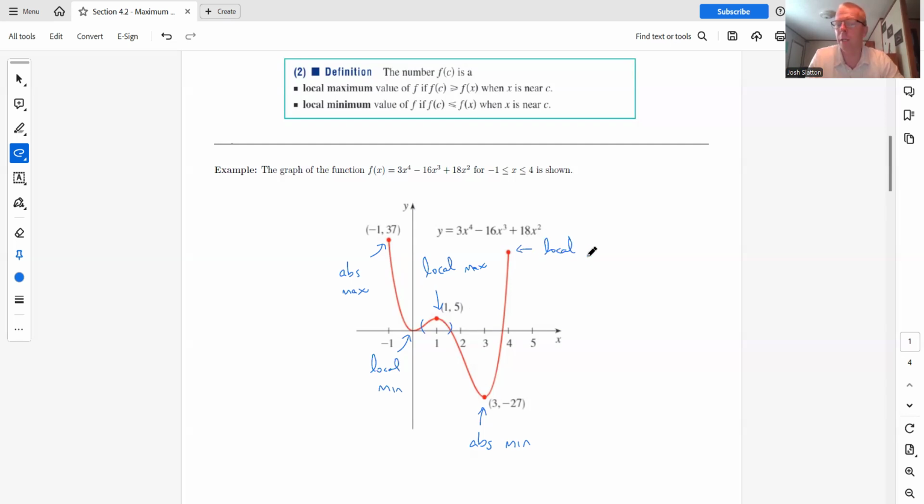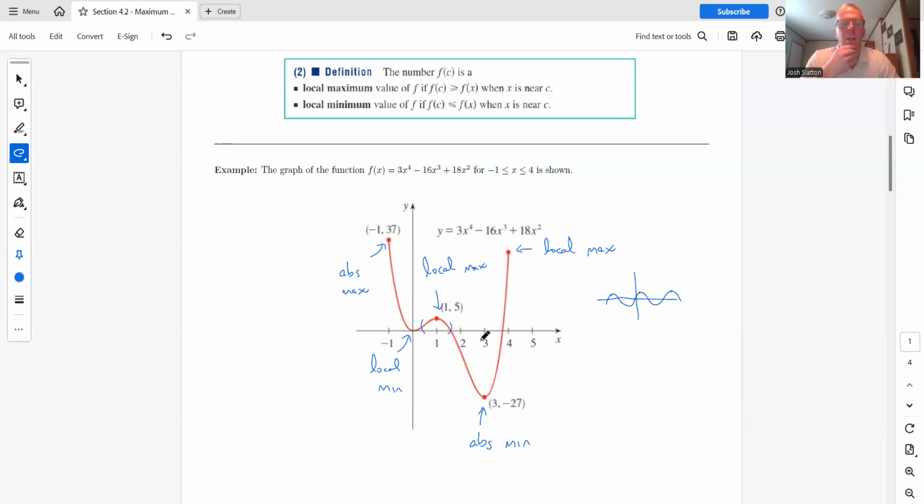So you can actually have an infinite number of local max and min if you're talking about some periodic function that goes on and on forever, and these points are all the same value. Then we'd have an infinite number of local max and local min. So there's really no parameters on that. But that's the idea.